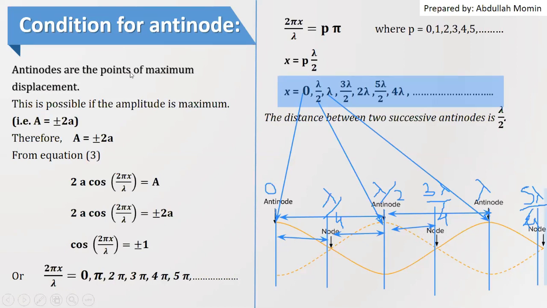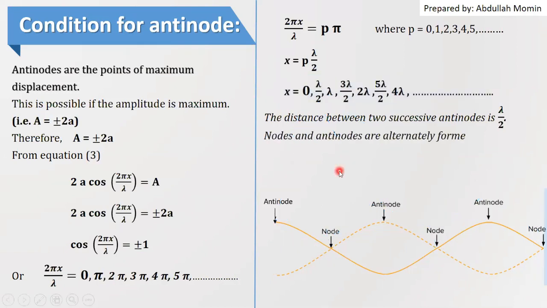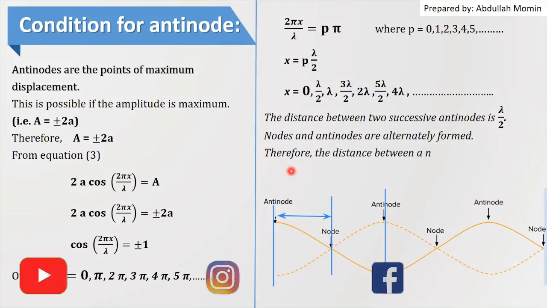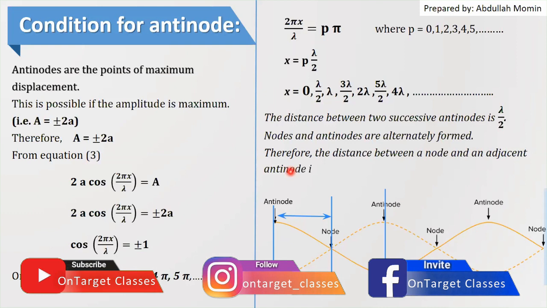So we will say that nodes and antinodes are alternately formed. And what is the distance between this antinode and this node? When you calculate the distance between this antinode and this node, or this node and this antinode, you will find this distance as lambda by 4. So the last point is the distance between node and adjacent antinode is always lambda by 4.